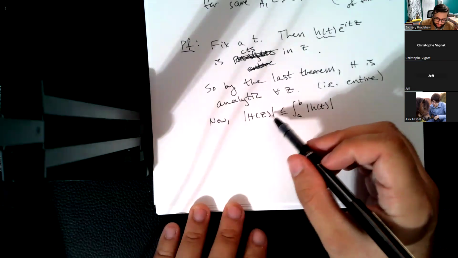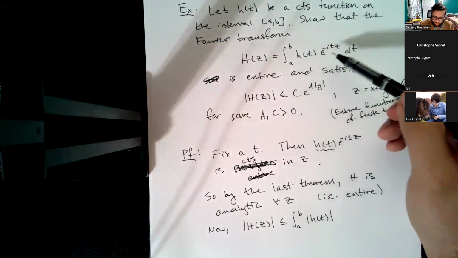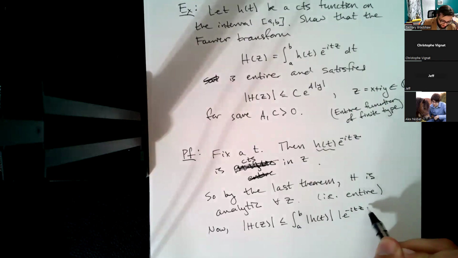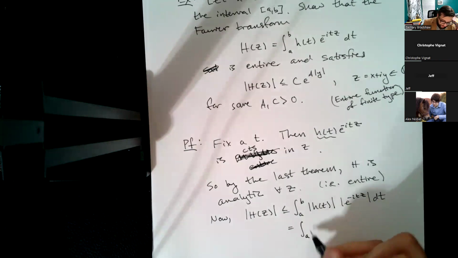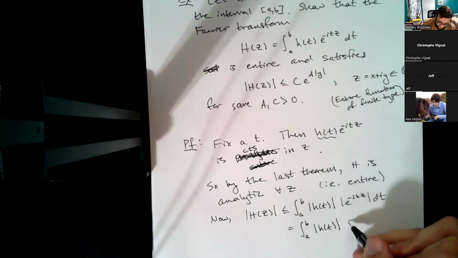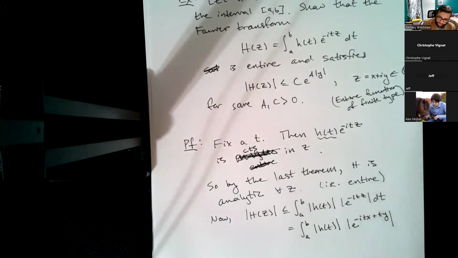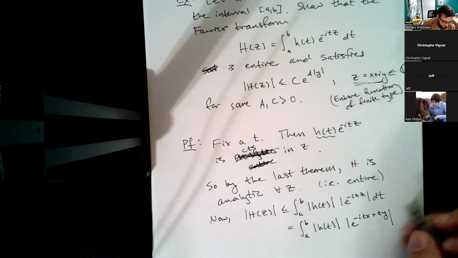So capital H of z is defined like so. This is less than or equal to the integral from a to b of the magnitude of h of t times the magnitude of e to the minus i t z dt. And this is equal to the integral from a to b of the magnitude of h of t times the magnitude of e to the minus i t x plus t y, where I'm using this notation z equals x plus iy, dt.